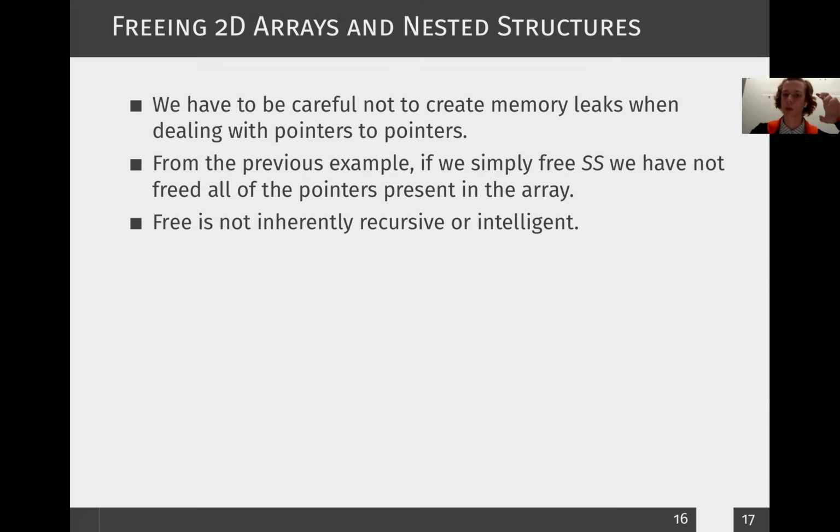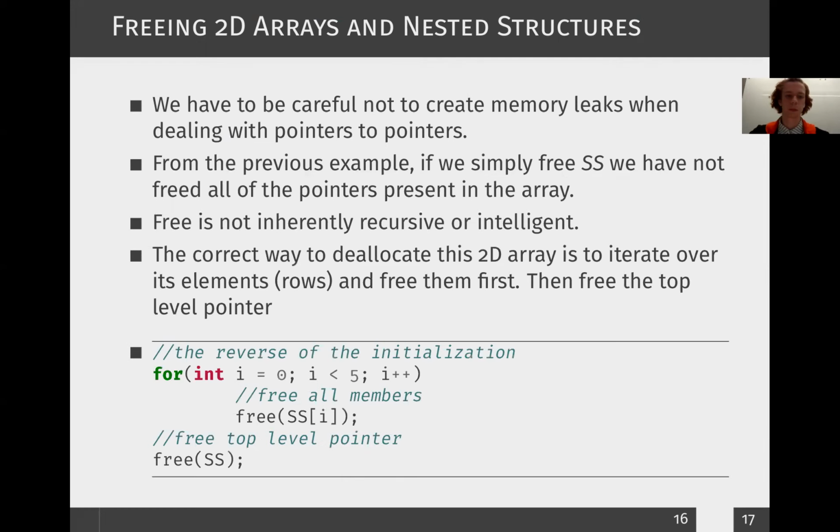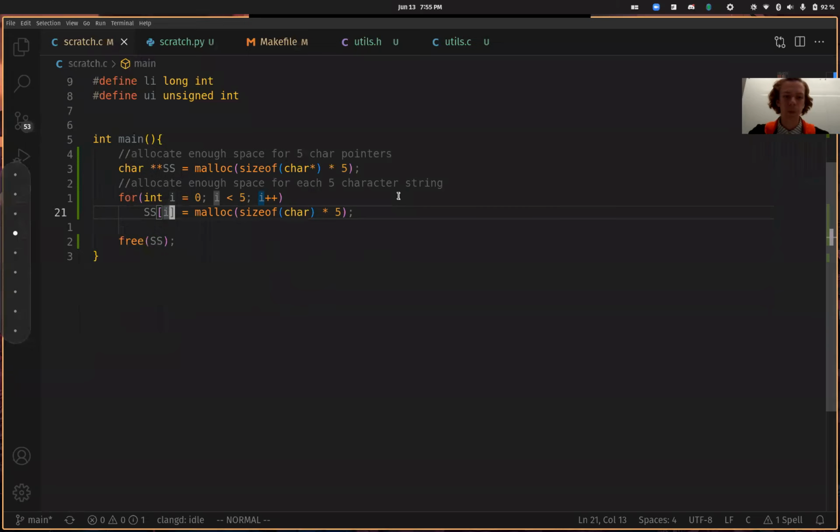Free isn't recursive or intelligent. So the correct way to deallocate this 2D array is to iterate over its elements, rows, and free them first. Then you free the top level pointer. And it is essentially the reverse of this process. So first we allocate space for the top level pointer, the pointer to pointers, and then we allocate space for each pointer that SS points to.